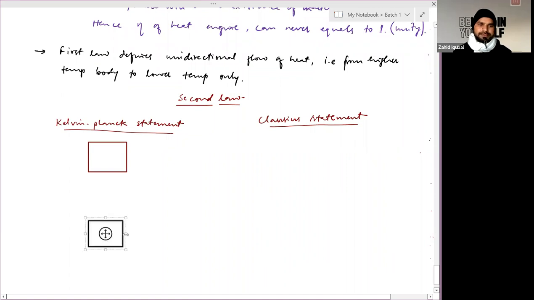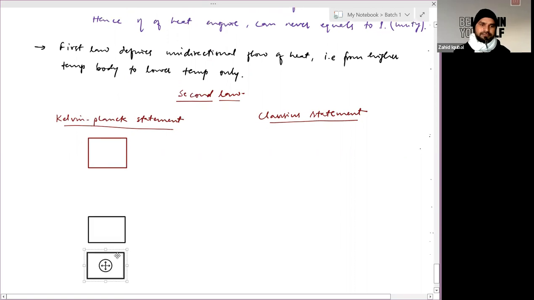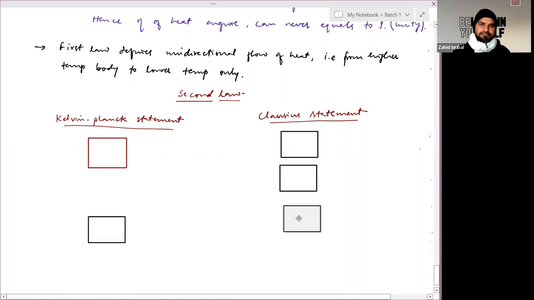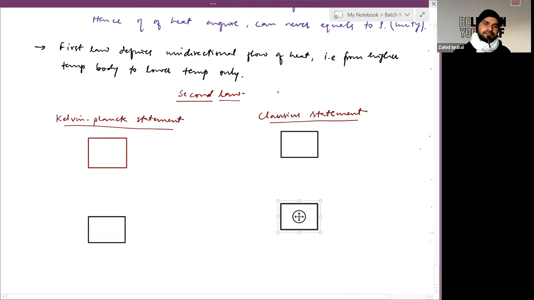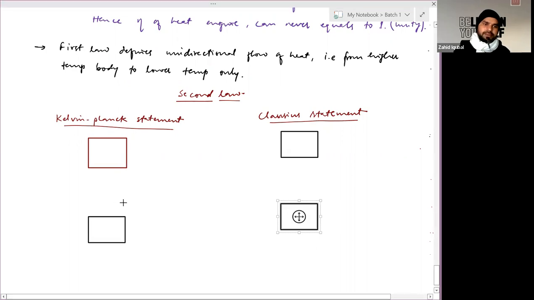This is sink. And there is a working tool in between.